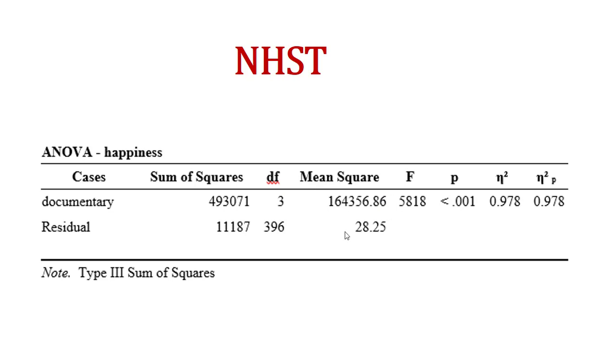The ratio of these two is the F-score, and this is a very high value, so the probability of obtaining this value under the null hypothesis is very, very, very low. And these are effect size measures, eta square and partial eta square, which in this case are the same value, and it's the amount of variance that is explained by the model.